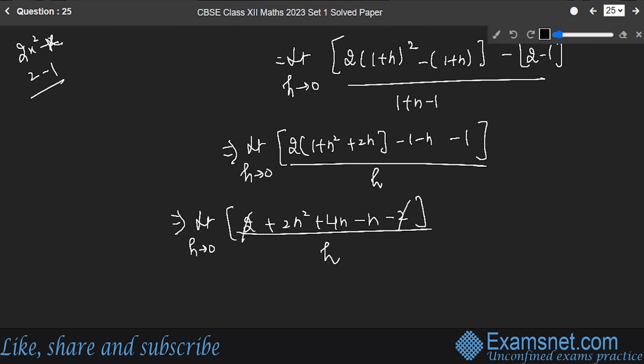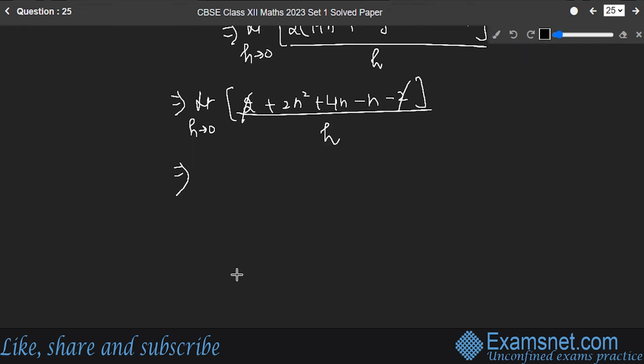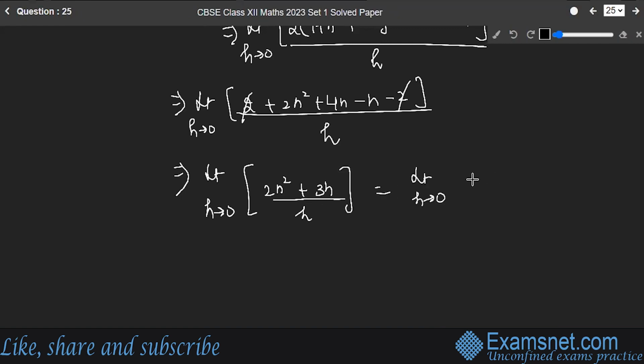These two will cancel and you are left with the limit h approaching 0, 2h square plus 3h, whole divided by h, that is limit h approaching 0, 2h plus 3, and this will be equal to 3.